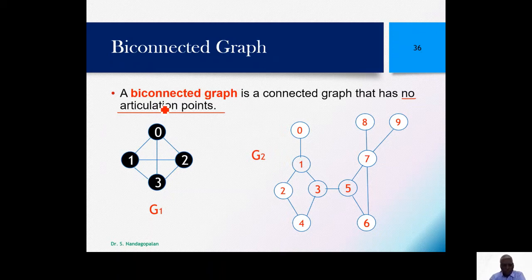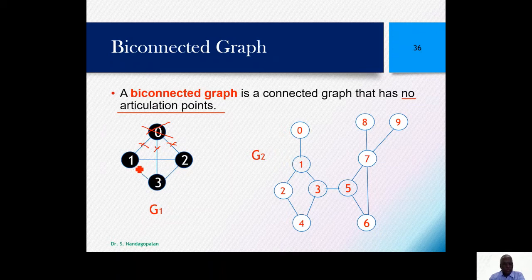So what is the advantage of this? Before that, we will just see one such graph. This is a very simple example of a biconnected graph. Why? Because if you take 0 and delete it, along with these edges, I still get only one connected graph.